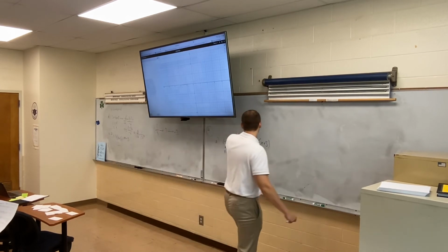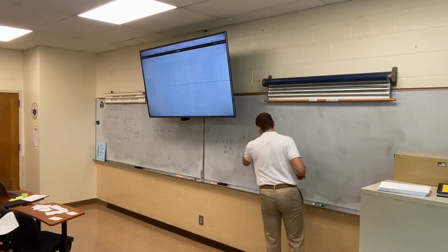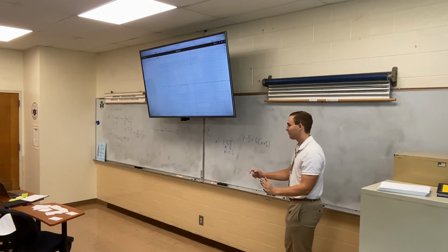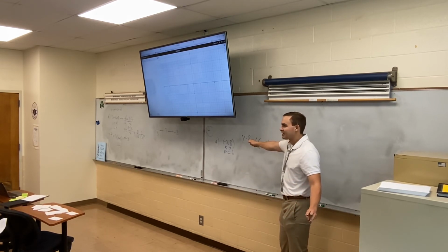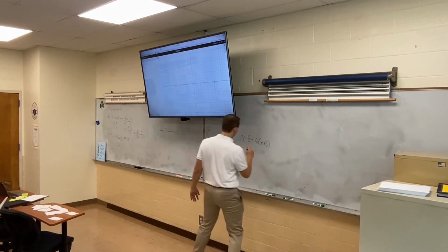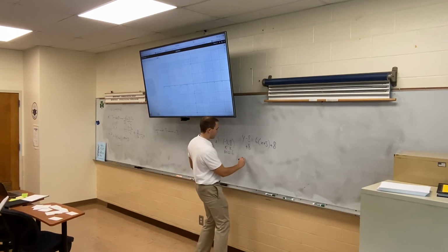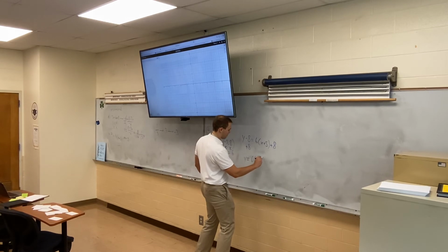Everyone see how I got to this point slope form? That was easy money, right? And then slope-intercept form is what? What's by itself? Y, yeah, so I'm going to add 8 to both sides. So I get y equals 6 times x plus 5, plus 8.